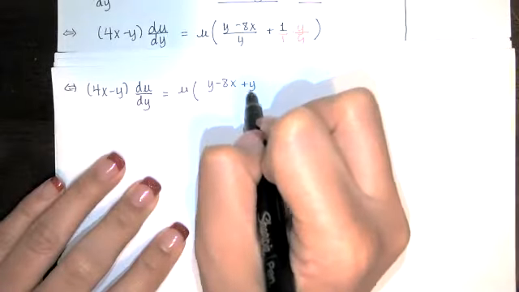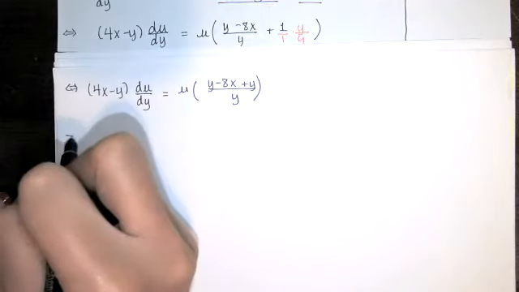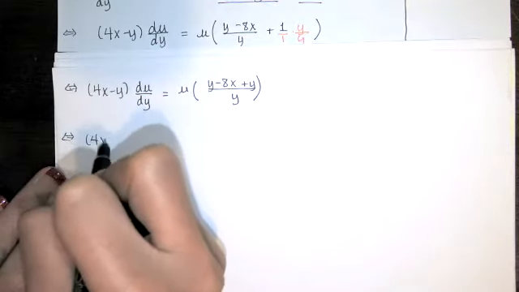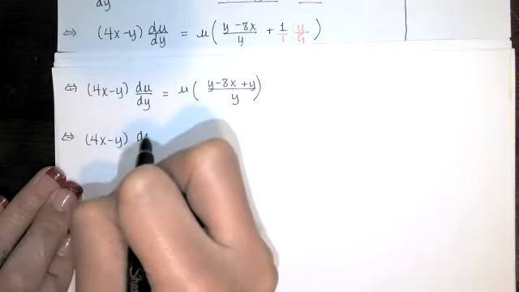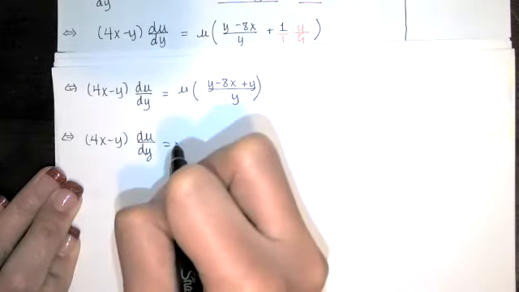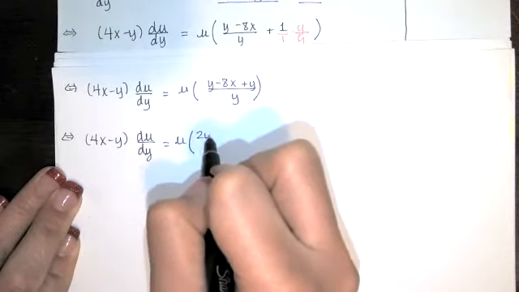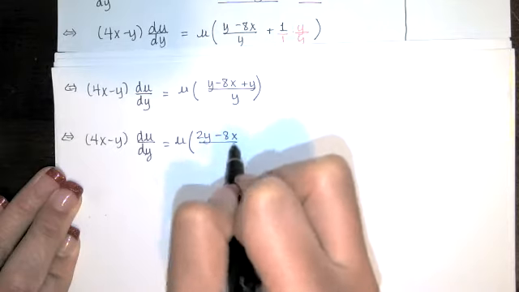So we add the numerators, keep the common denominator. Of course, we'll simplify. So I have 2y minus 8x over y.